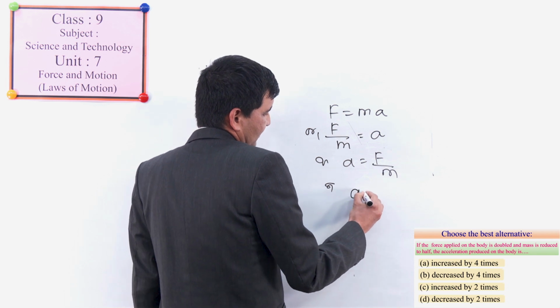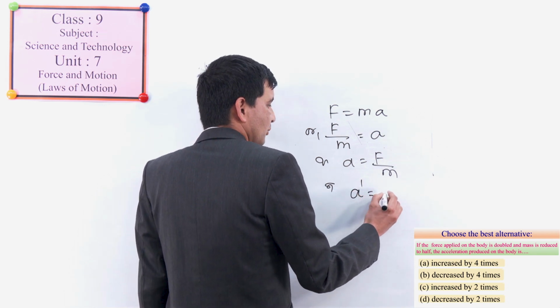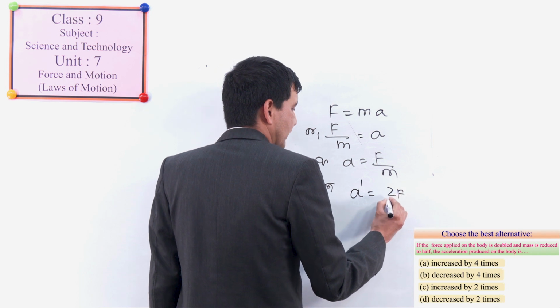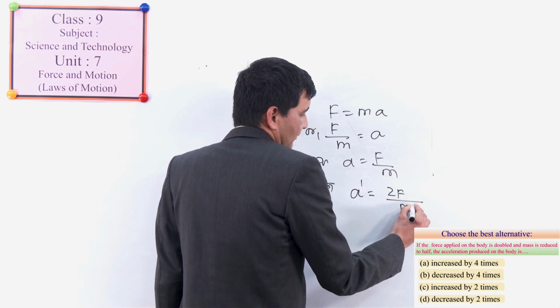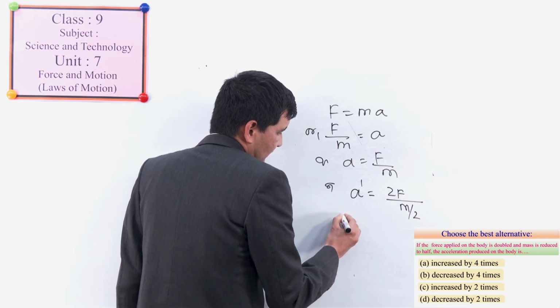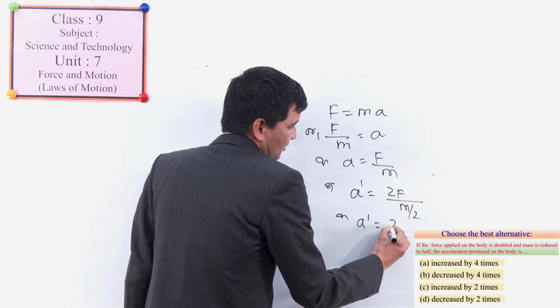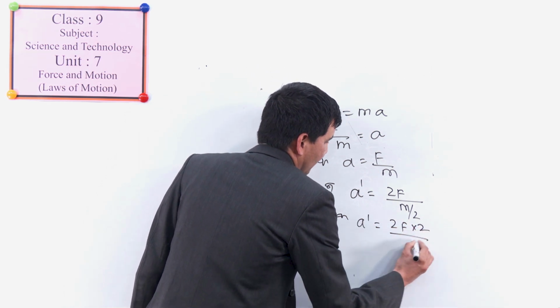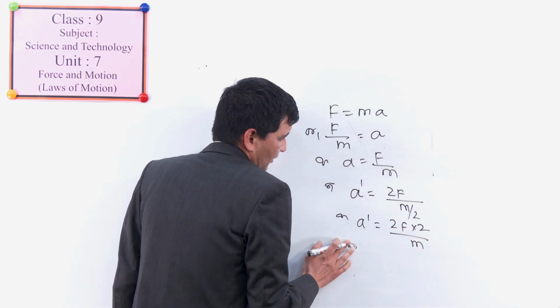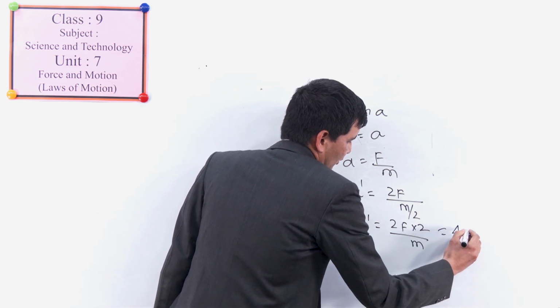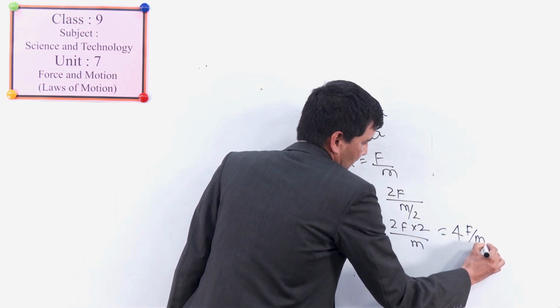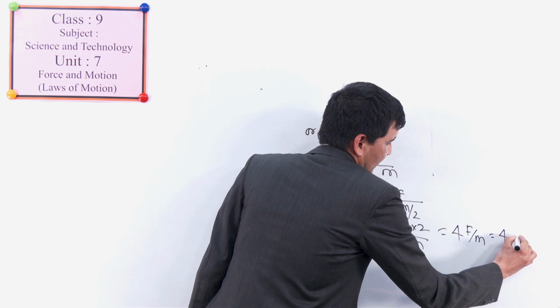The new acceleration would be a dash. When the force is doubled, it becomes 2F, and the mass is half, so m by 2. So it becomes 2F into 2 by m, which equals 4F by m, or 4 into a.